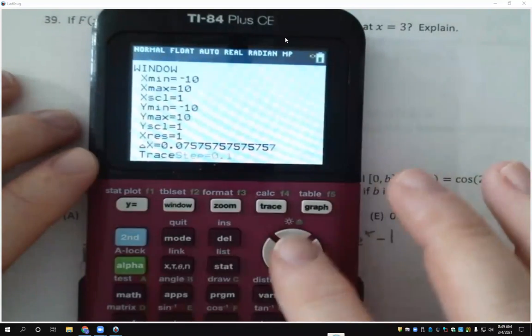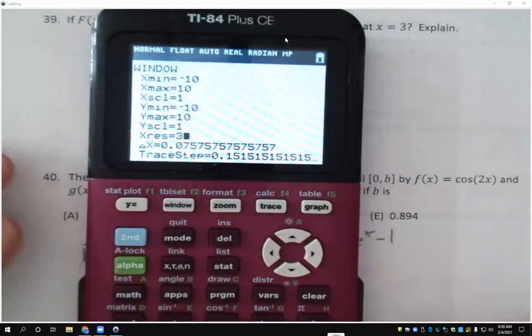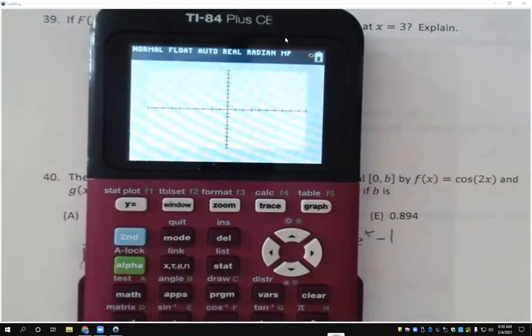Since that's going really slow, I'm going to up my X res to say 3, so it'll graph a little faster. Still pretty slow. There we go, picking up speed now. I probably have too big of a window here.